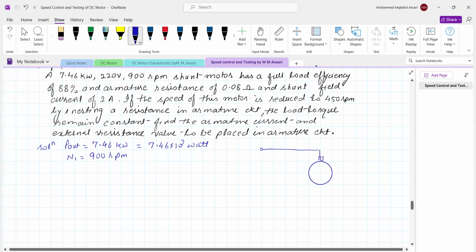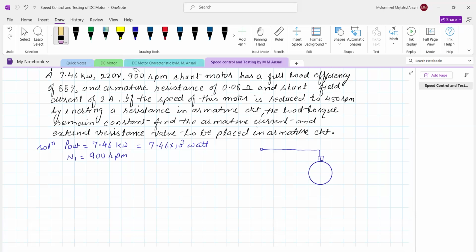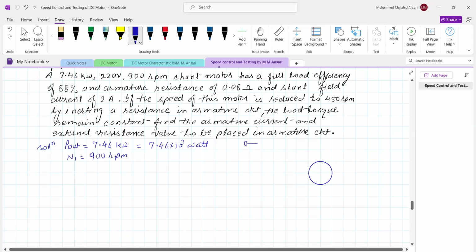Now the initial speed is 900 rpm and we want to reduce the speed to 450 rpm. The meaning is that this is the problem for armature control. So we have to put a resistance in series with the armature to reduce the speed to the required value.